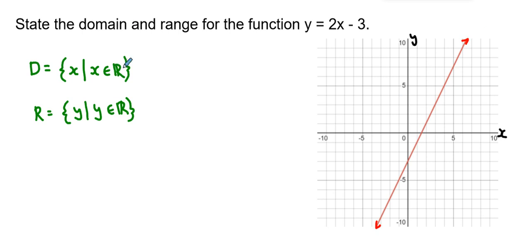If I were to use interval notation instead of set builder, this can go from negative infinity all the way up to positive infinity.